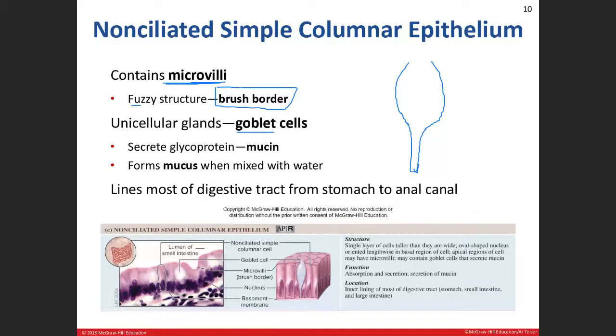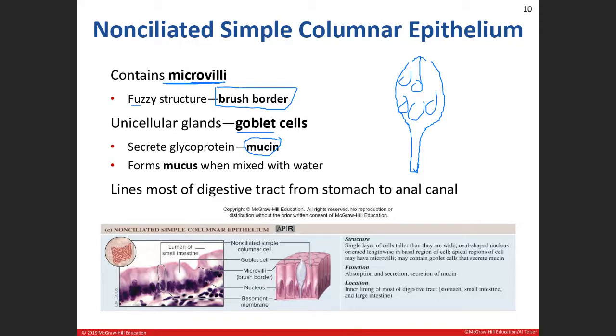These goblet cells make a glycoprotein. I know we didn't get to it today in lecture, but a glycoprotein is a protein with a carbohydrate group attached to it. This glycoprotein is called mucin. So it makes all this mucin, and then when it's time, it'll secrete it out of the gland.